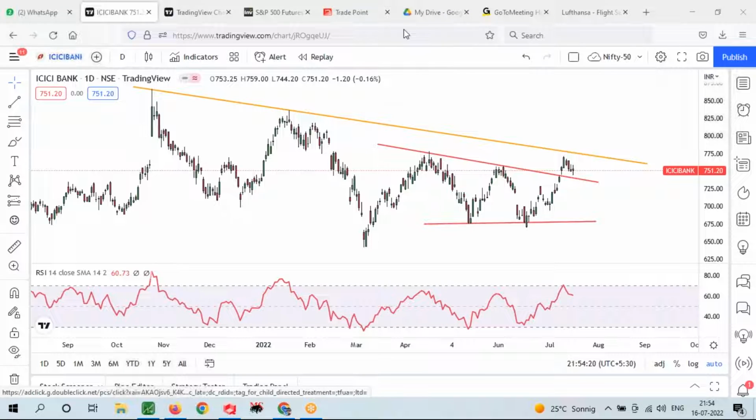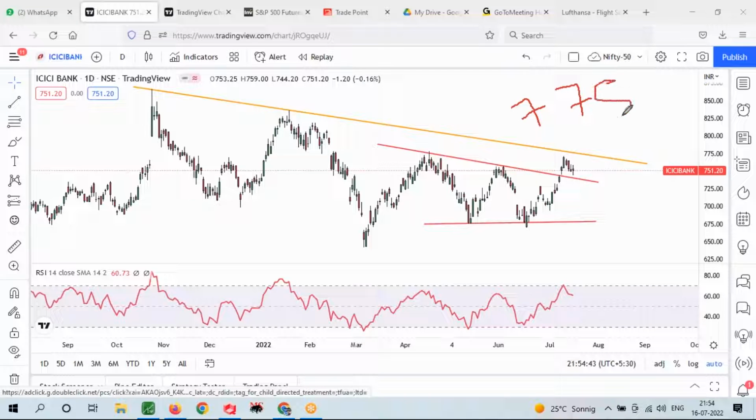We already crossed it, so we have made a trend change already. Once this high is also taken away, this will take out this high and this high also, and we'll have a clear signal. So what we can do is buy above 778.